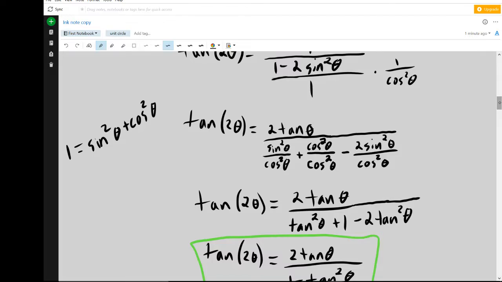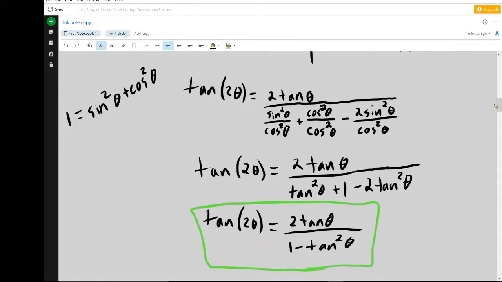The sine squared, the cosine squared, and the 2 sine squared are each going to be their own terms all over that cosine squared. The first one, sine squared over cosine squared, that's just going to be tan squared, right? Sine over cosine. The second one is going to be cosine squared over cosine squared. That's just 1, right? The same in the numerator and the denominator cancel out and become 1. And then we have negative 2 sine squared over cosine squared. Again, sine squared over cosine squared is just tan squared. We keep that 2 in front.